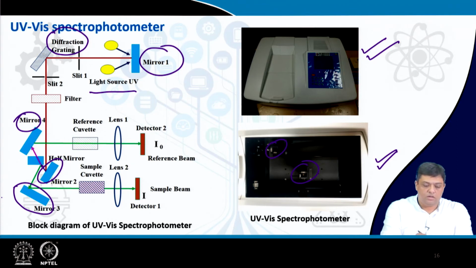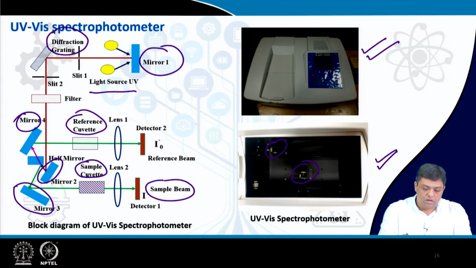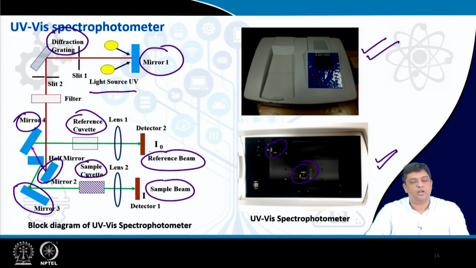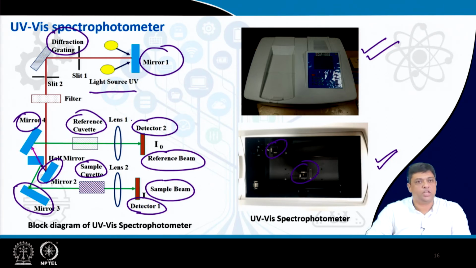The light from mirror 4 will cross the reference cuvette, and the light reflected from mirror 3 will pass through the sample cuvette, and then what you obtain are the reference beam and the sample beam. The sample beam is detected by detector 1 and the reference beam by detector 2. This is the typical instrumentation.